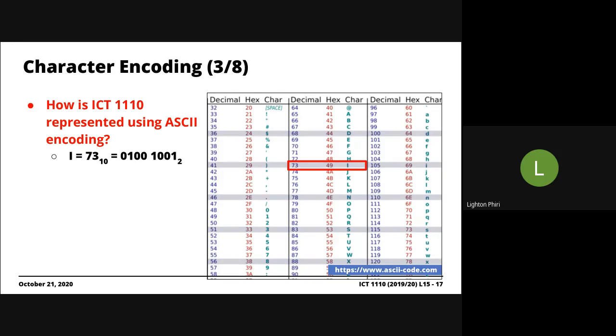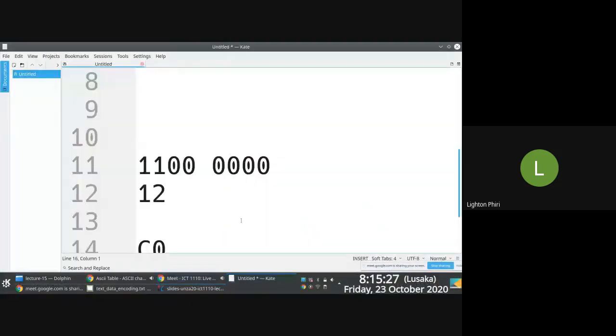And hopefully you're seeing the link here, why we were doing some of those things in the previous lecture series. So I is represented by 73 base 10. If I choose to use 73 base 10 to convert to binary, all I'm doing is performing repeated division by 2, and then I'll generate 0, 1, 0, 0, 1, 0, 0, 1. But perhaps the simplest option here would be to just get the hexadecimal representation, which is 49, right?